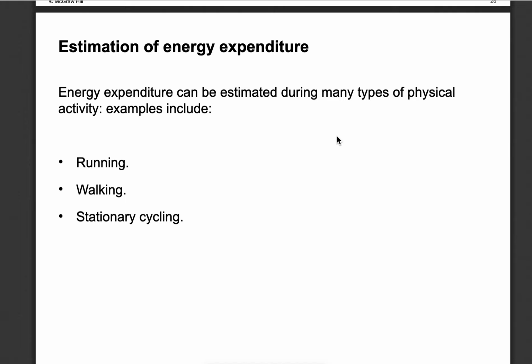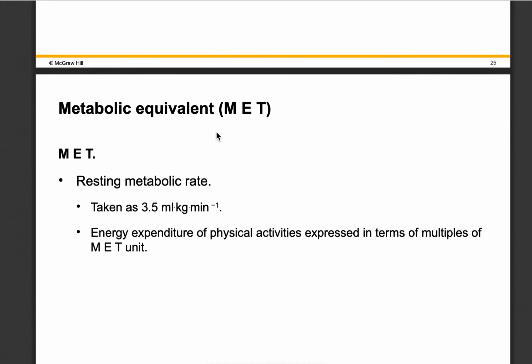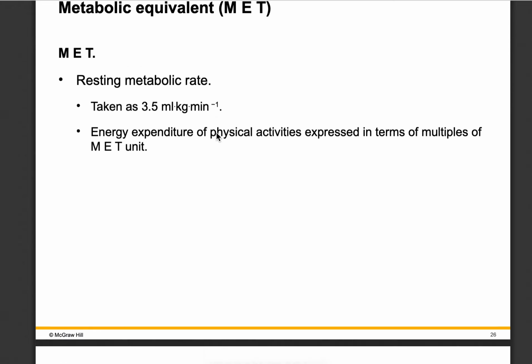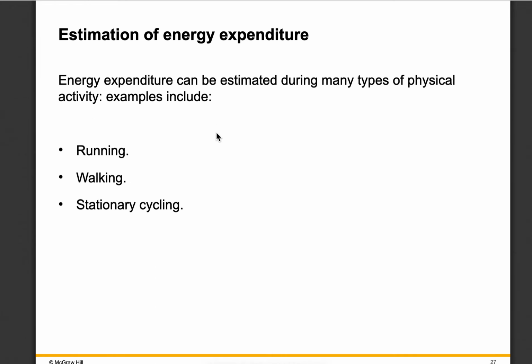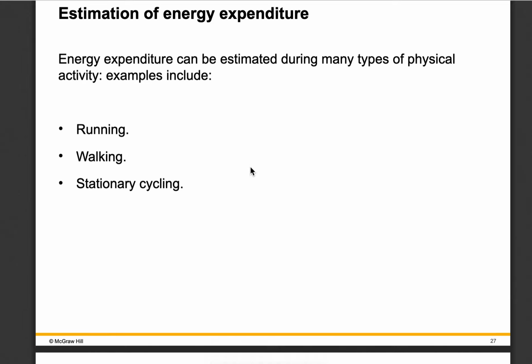And so then it goes on to talk about how to estimate energy expenditure without having to actually measure oxygen consumption, based on what other people have done. They've come up with equations where we can figure out how much energy you or I or anyone's burning during common modes of transportation. So biking, walking, running tend to be the top 3, but there are others as well.